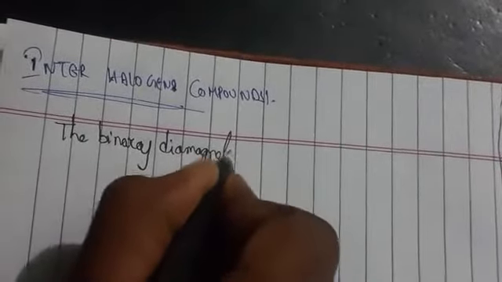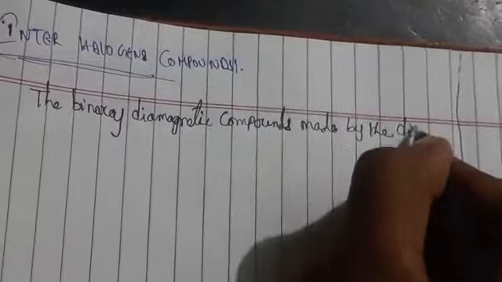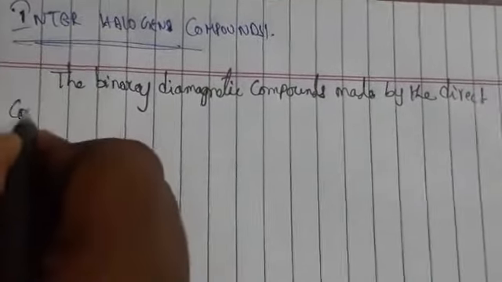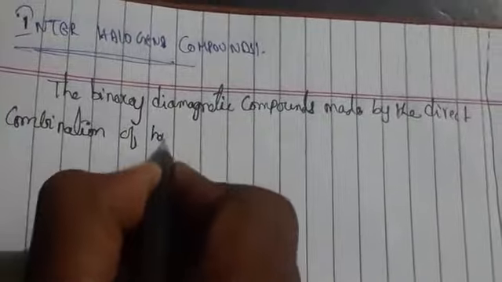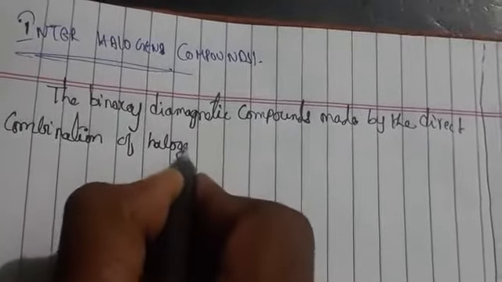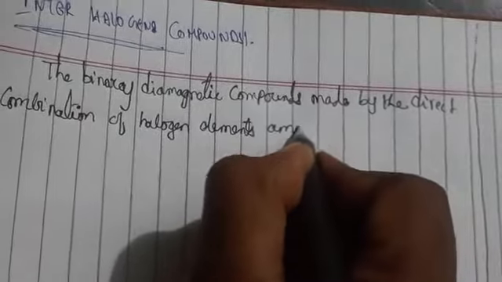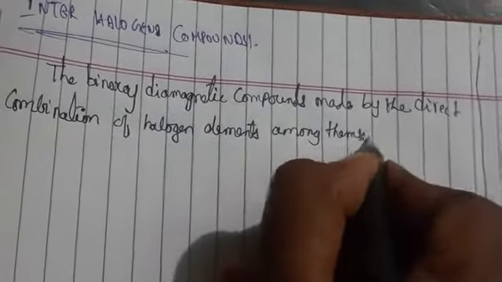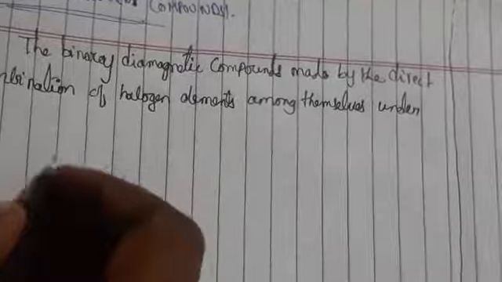So the binary diamagnetic compounds made by direct combination of halogen elements among themselves under suitable conditions of temperature and pressure.